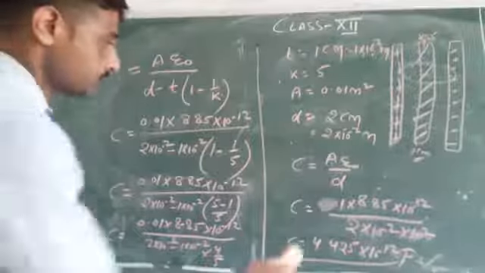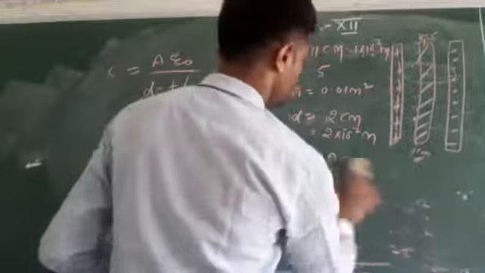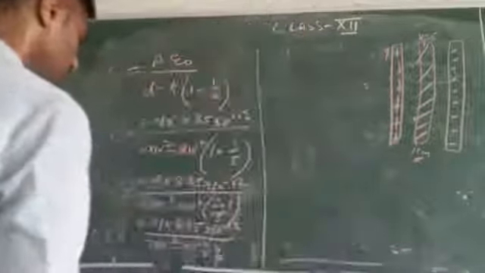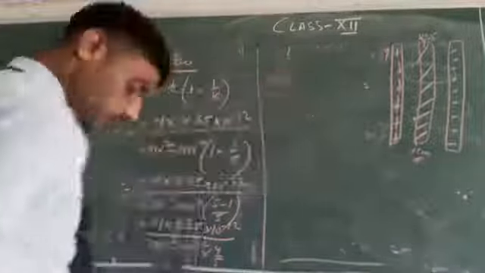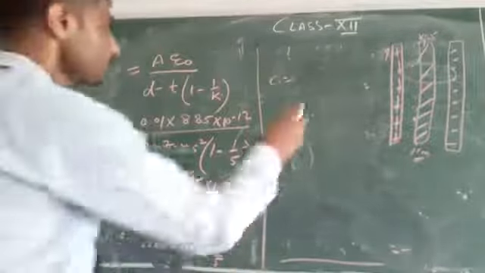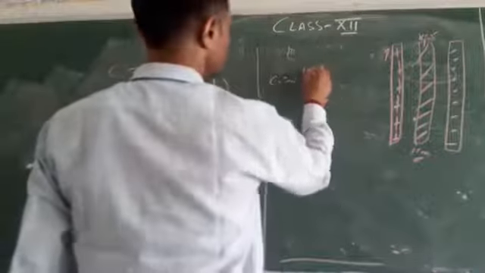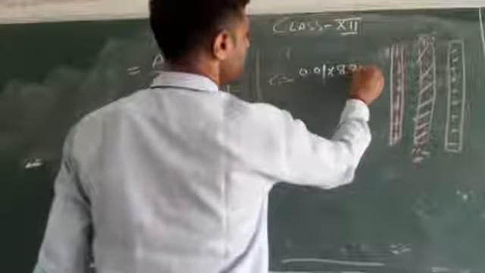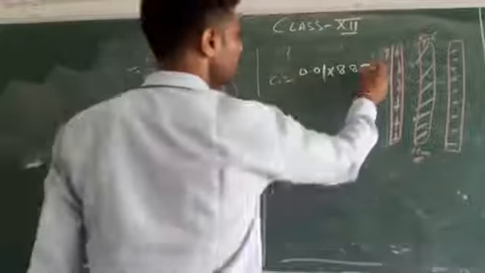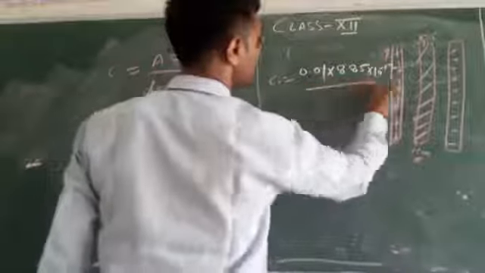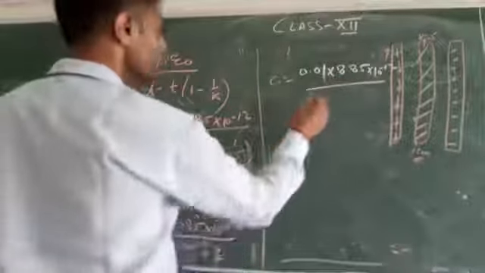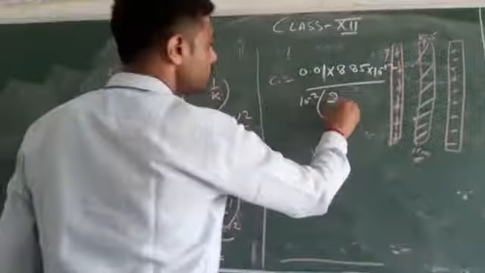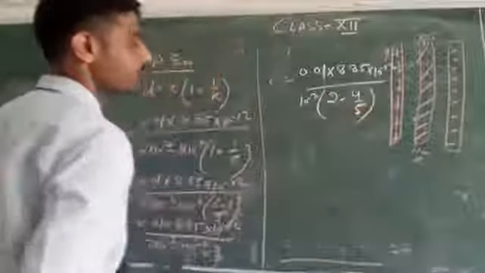So C is equal to 0.01 into 8.85 into 10 to the power minus 12 upon 10 to the power minus 2 common, so 2 minus 4 upon 5.